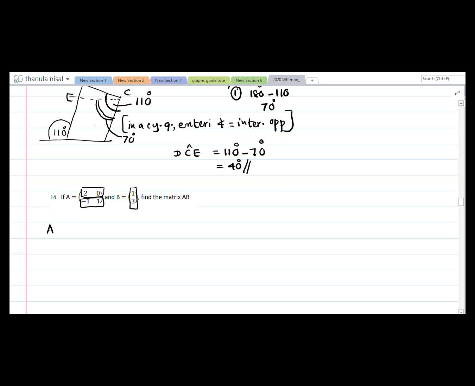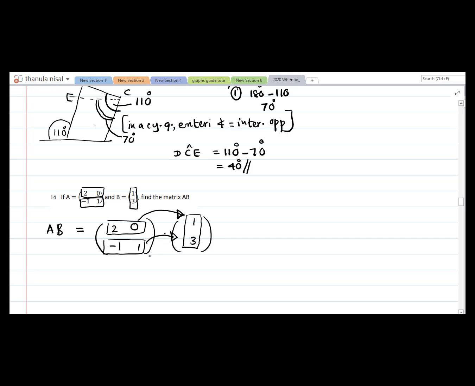Now they are asking to find out the product of A and B. Then just write 2, 0, minus 1, 1, 1, 3. Okay, just write, multiply this one with this one.